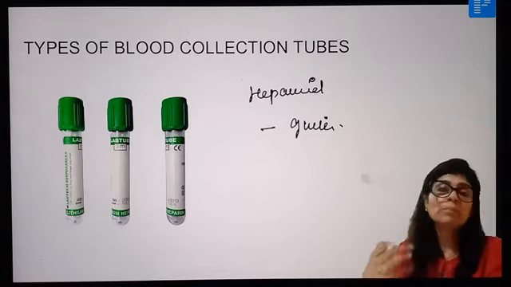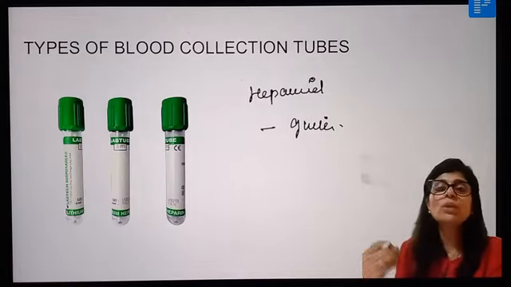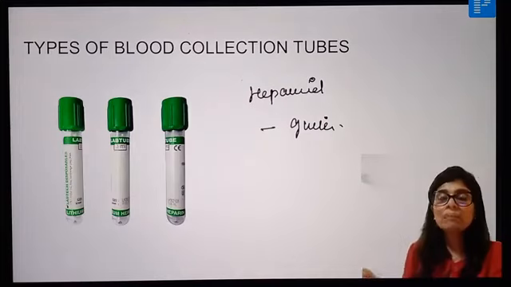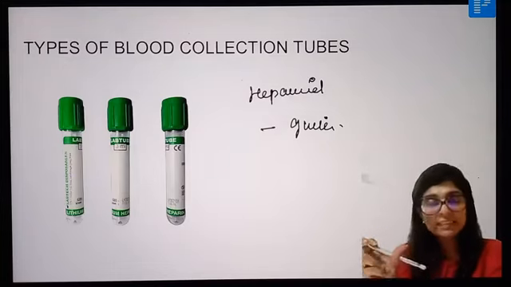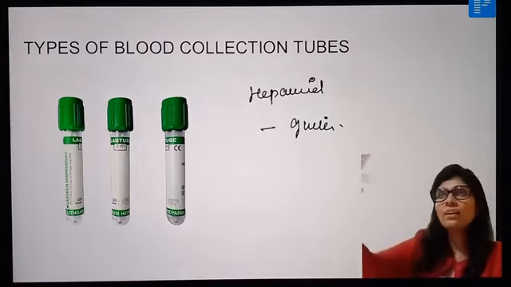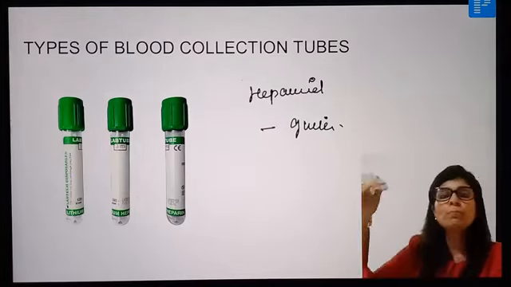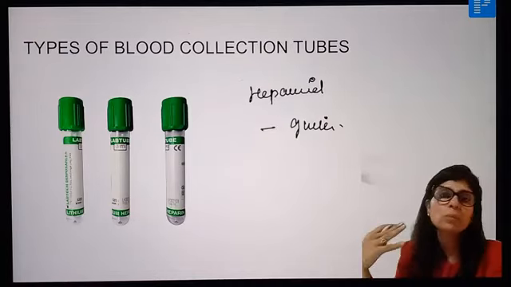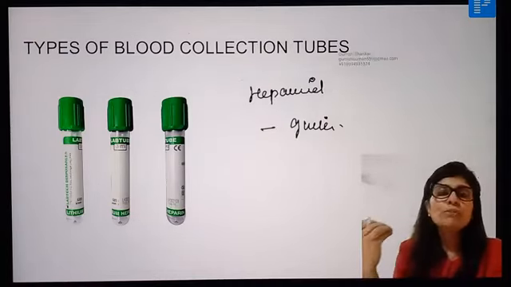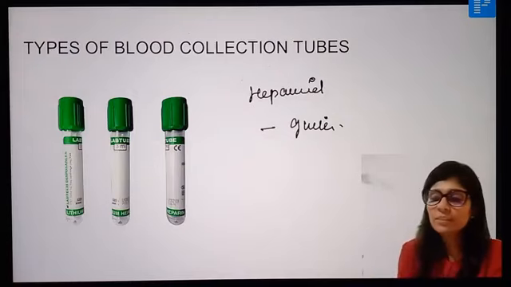But sometimes biochemical estimations have to be quickly done. For example, TROP-T estimation. In TROP-T estimation, the window period is too short, right? In that case, you cannot collect the blood sample. You cannot be waiting for the clotting to happen, serum to get separated. That becomes a very long time. So for a quicker biochemical analysis, we have to collect it in a heparinized tube.